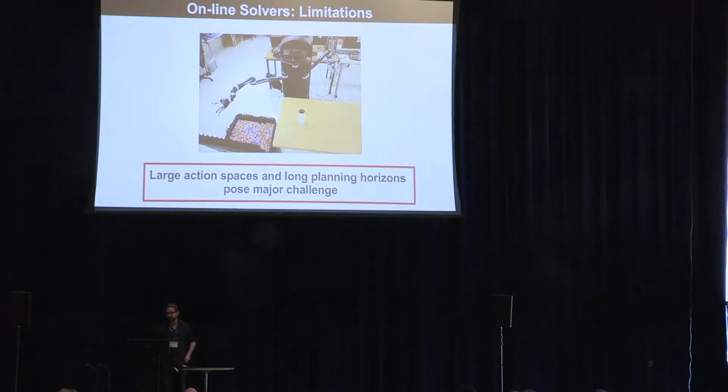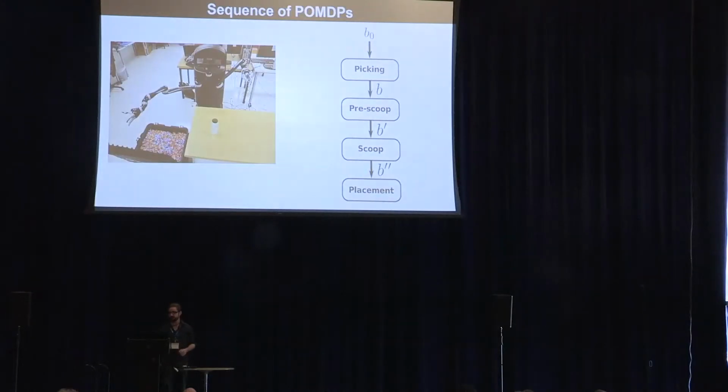However, despite this progress, even the fastest POMDP solvers today have difficulties with large action spaces and long planning horizons, which basically means that our particular problem scenario is simply too large for state-of-the-art solvers. So to keep the problem manageable, we divide the whole task into 4 separate POMDP problems that are then solved sequentially.